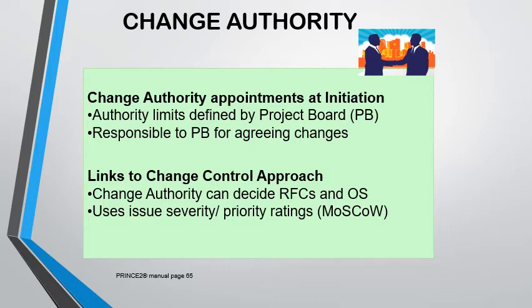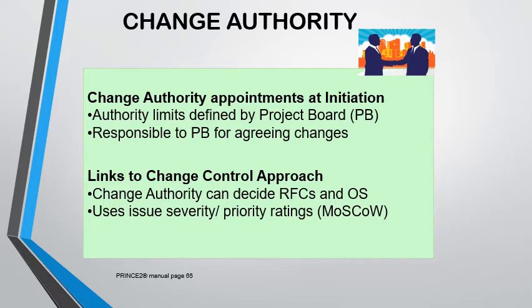Now, in handling their duties, they always have to consider the document that talks about how changes will be handled during the course of the project. That document is called the Change Control Approach, simply defining the project's approach to changing or controlling change. Of course, every issue has to be measured against a severity or priority scale.